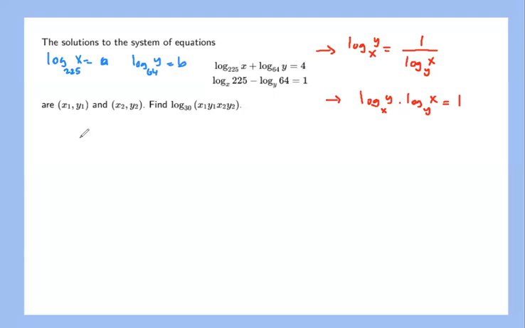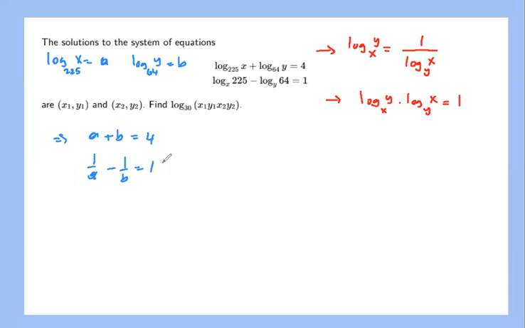The first equation now is going to be a plus b equals 4. And the second equation is just the reciprocal of this one. If this guy is equal to a, then this has to be 1 over a. So that should be 1 over a minus 1 over b, and this is equal to 1. So it's much better than these equations.